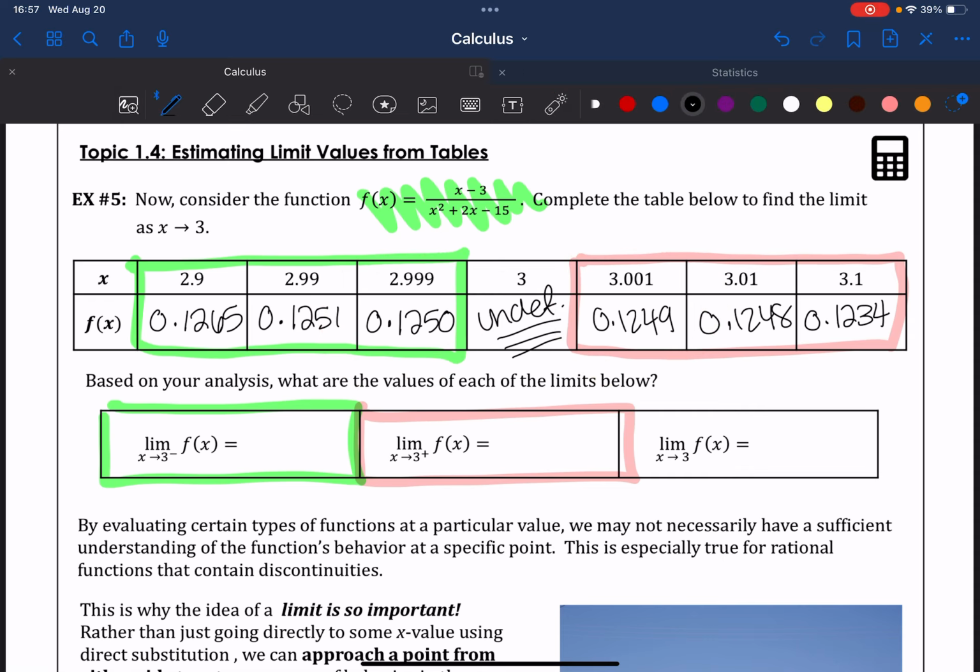So that means from the left, our value is 0.125, and if we were to round the right to 3 decimal places, we would also get 0.125, which tells us that the general limit is 0.125. And so if our left side matches our right side, we know the limit exists at a finite number, an exact number, and in this case, it's 0.125.